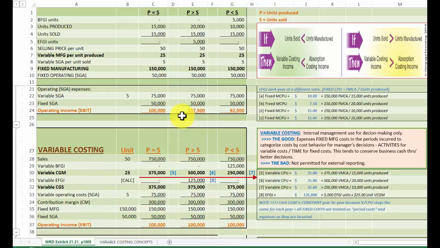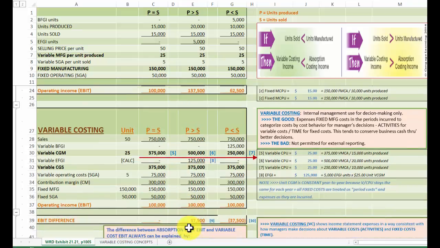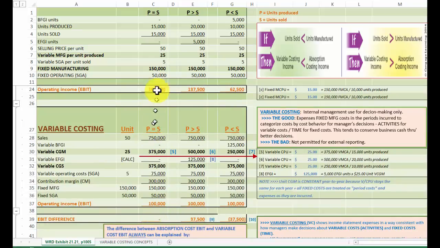And so if we compare full absorption costing income to the variable costing income, we would find these differences. In period 1, where the units produced equaled the units sold, there was no difference between variable costing income and full absorption costing income because either system would have expensed all $150,000 of manufacturing costs. There was no ending inventory in which to hide those fixed manufacturing costs.